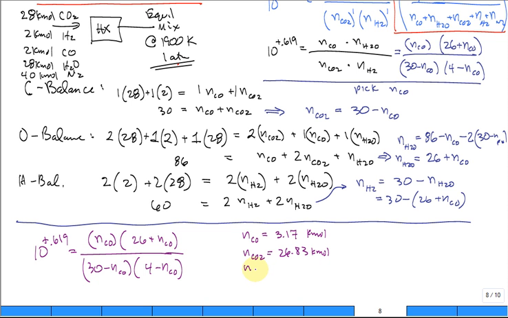The N of H2 comes in at 0.83 kilomoles. And the number of moles of H2O is 29.17 kilomoles. And the number of moles of N2, nitrogen, going along for the ride is still 40 kilomoles.